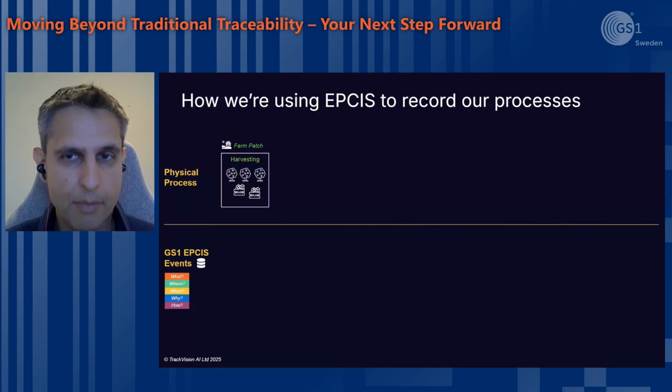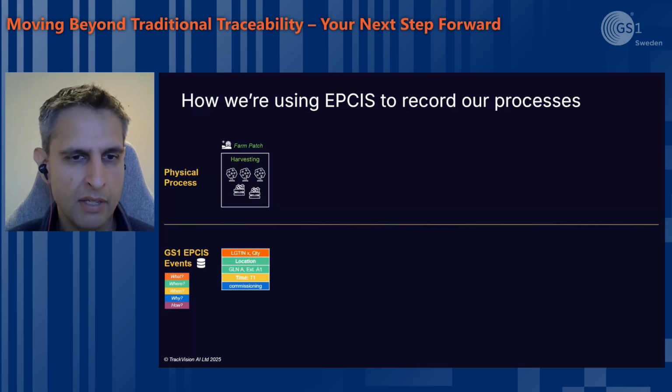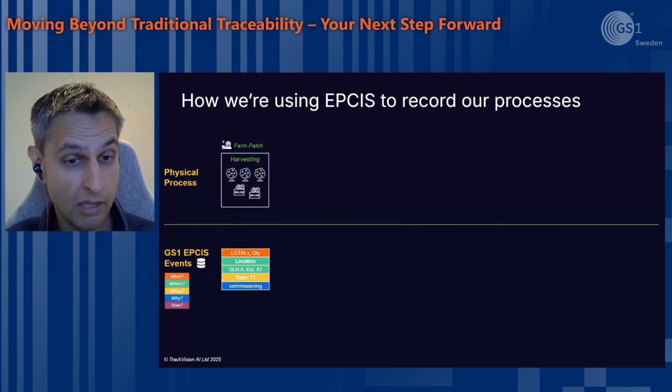So how are we using EPCIS to record our processes? Well, it all starts on the farm from a specific patch where there's grapevines that we're going to harvest fruit from. So the first thing we're going to do is define a lot number for that action of harvesting fruit from that patch.